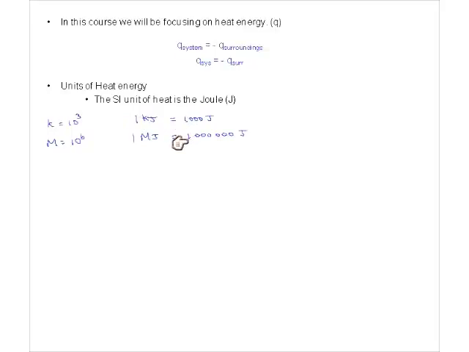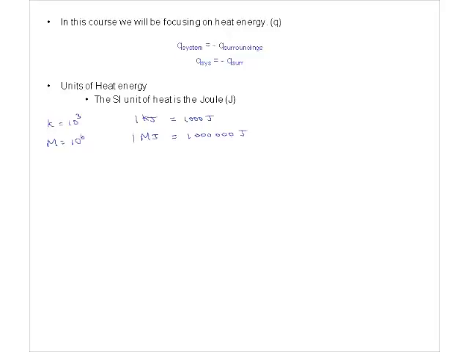And if we look at a larger amount of energy, we can look at 1 million joules. That would be represented as a megajoule. Now that's a significant amount of energy. And mega, of course, would represent these 6 zeros, so 10 to the power 6. So 1 megajoule would be 1 times 10 to the power 6 joules, and 1 kilojoule would be 1 times 10 to the power 3 joules.